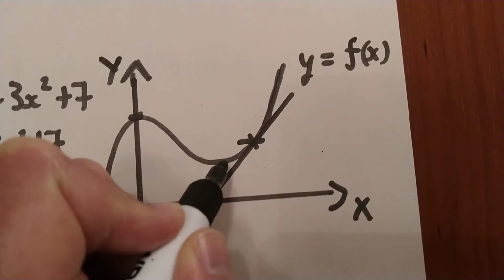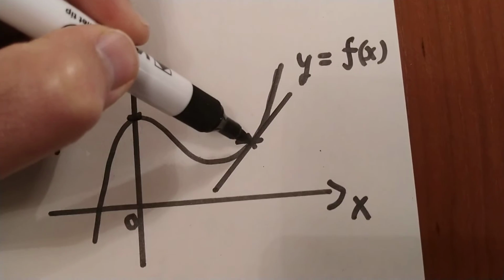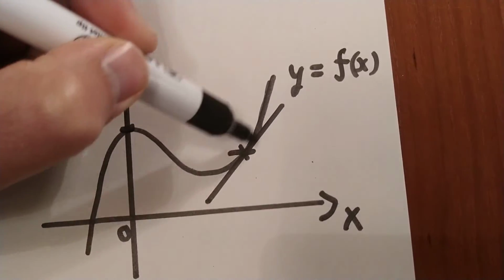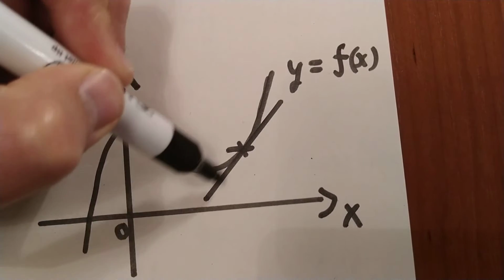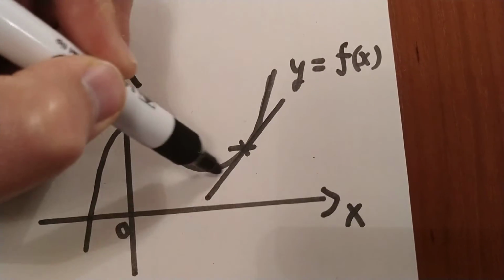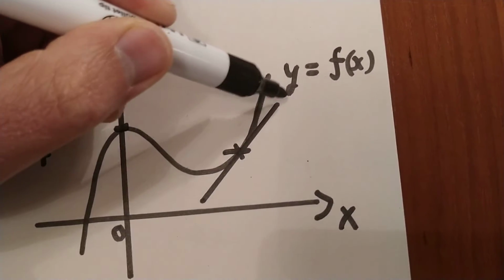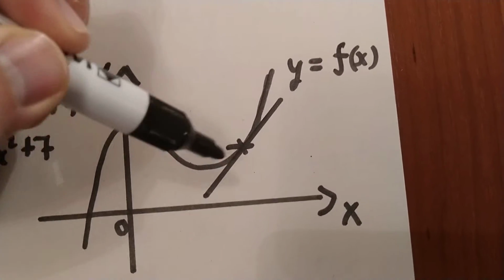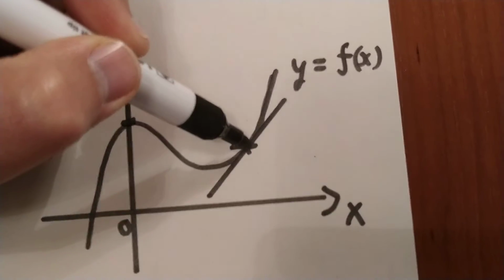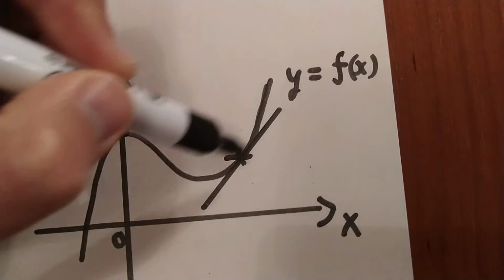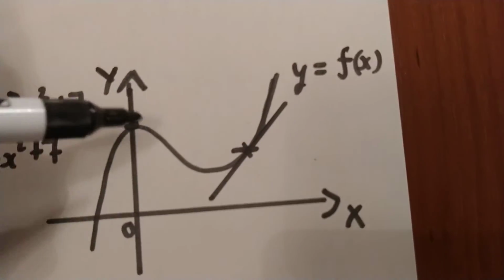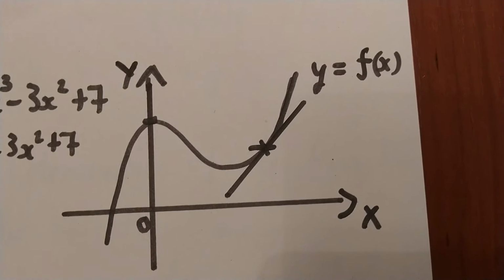Looks like the gradient is 0 again, and it's going up. And if I want the gradient at this point, that's the same thing as the gradient of the tangent to the curve, the line that just touches the curve once here. The gradient of the tangent is the same as the gradient of the curve at that point. But if I want to work out other gradients, then that would be lots and lots of gradients of lots of different tangents.